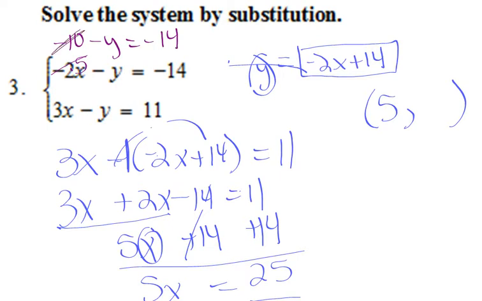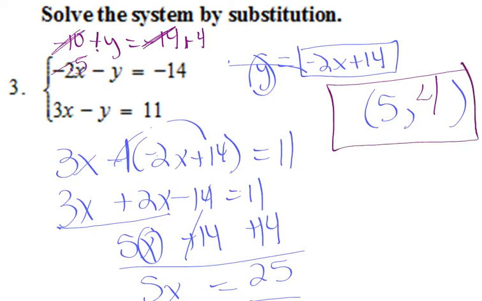Adding 10 to each side, I get negative y equals negative 4. Now, divide each side by a negative 1, and I get y equals a positive 4, which is my answer. And you would plug 5 in for x and 4 in for y into both equations and make sure they make true statements. This is your answer.